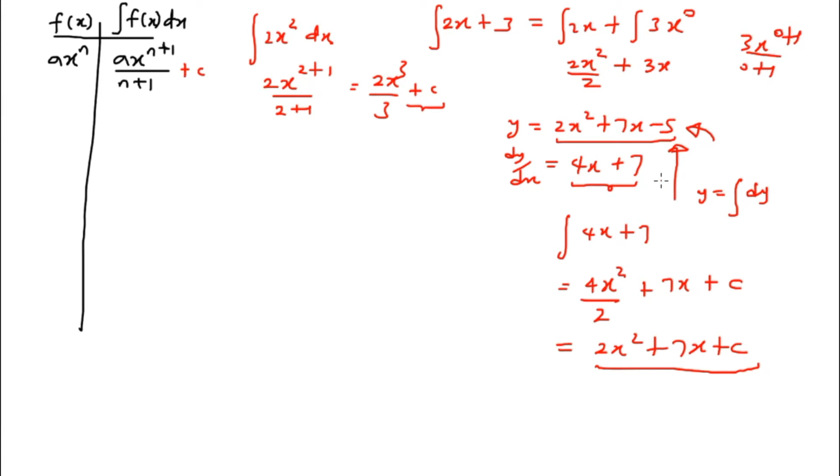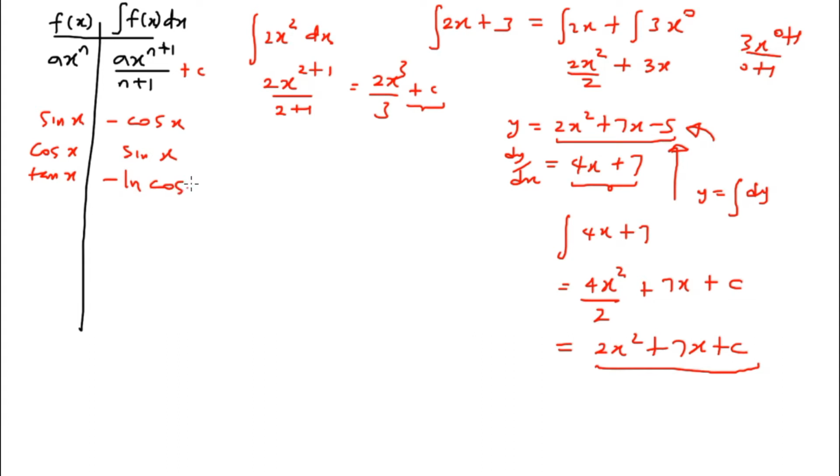All right, by assumption. Now let's say I have another function, for instance sin x. The integral of sin x is minus cos x. If I have another function such as cos x, the integral of cos x is sin x. And if I have another function such as tan x, the integral of tan x is minus ln cos x.